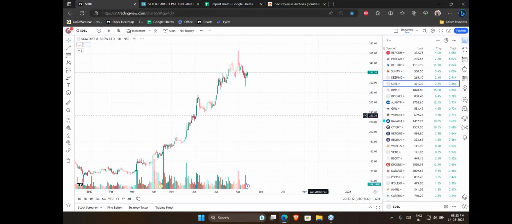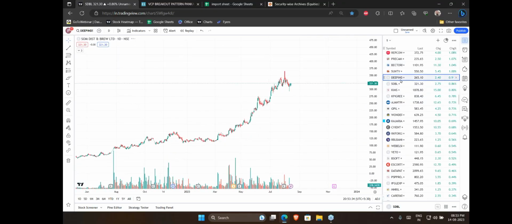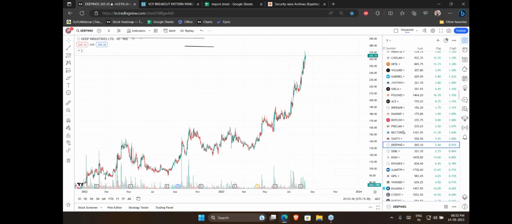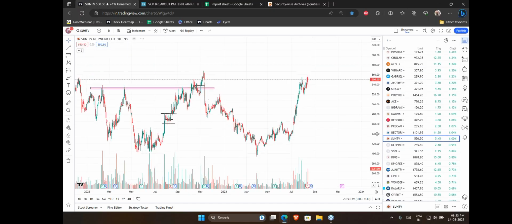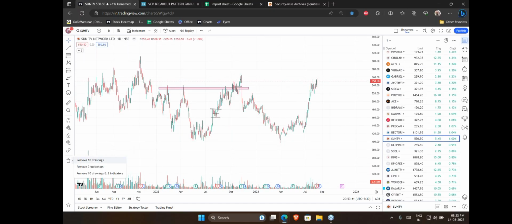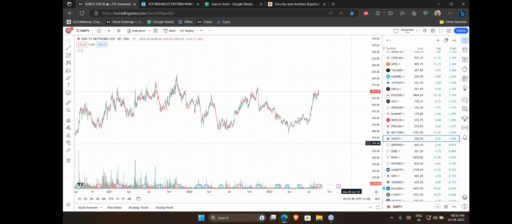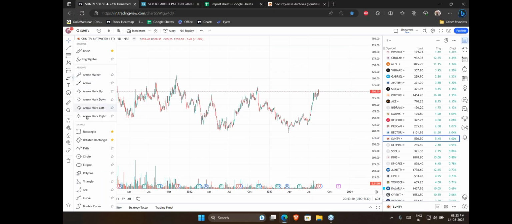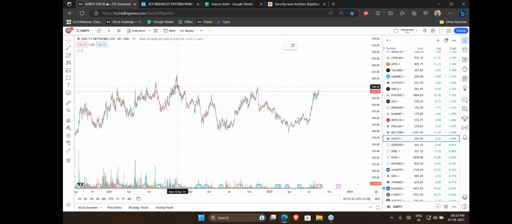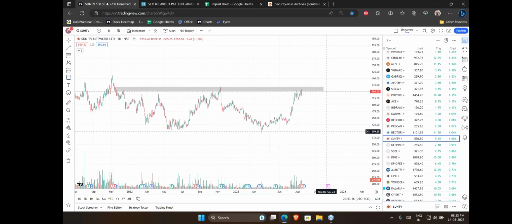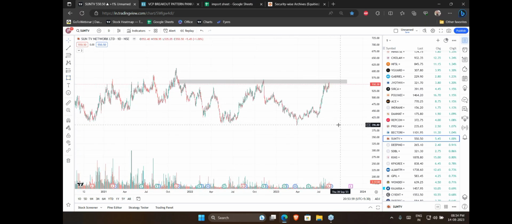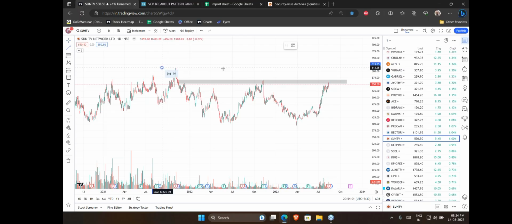Okay, let's go to SDPL. Not a good entry right now. Deep Industries, not good right now. Sun TV. Can we plan a breakout in Sun TV, the way it's building up right now? Can we plan for a target at this place?